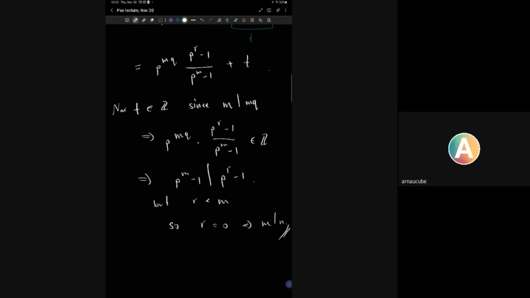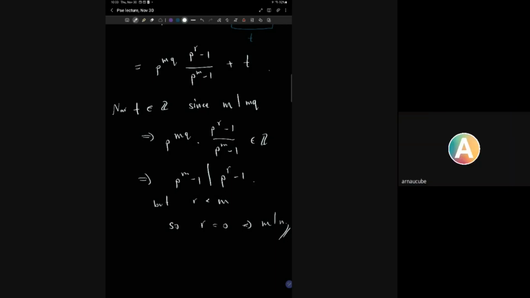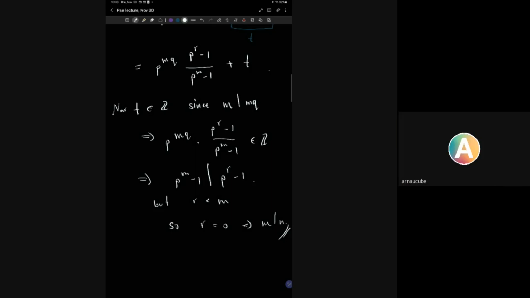Yes, so it's clear that r must be smaller than m. But what I don't see is why this leads to r being 0. Because how can a bigger number divide a smaller number? The only way is if the smaller number is 0. I mean, then, okay, everything can divide 0. Okay. I'm sorry. Thank you very much.